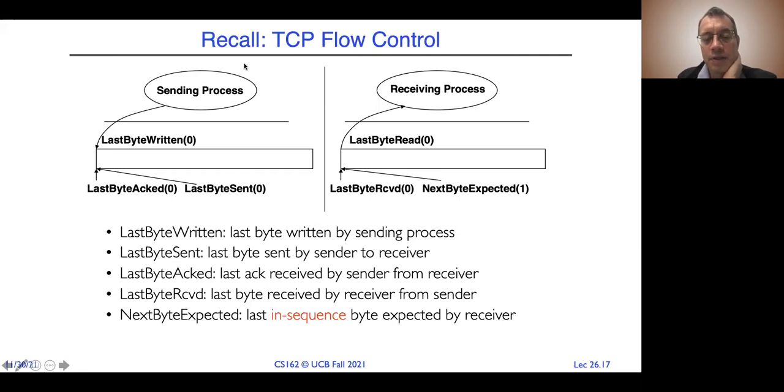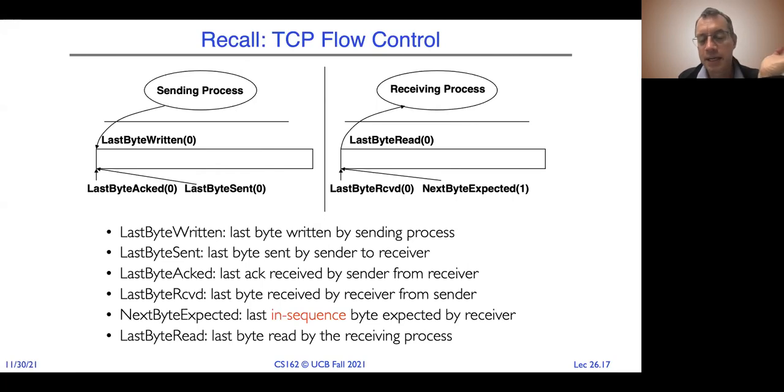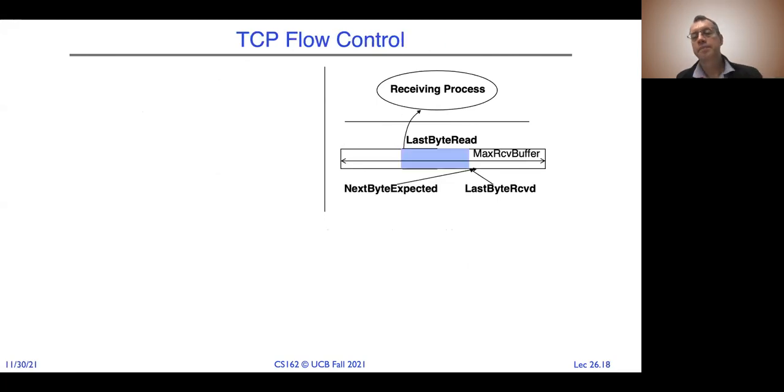Okay, so now let's take the examples. And sorry, last byte read is the last byte read by the receiving process. So the blue area in the receiving buffer is how many bytes you have in the receiving buffer, and you consume from one end. The last byte read is the start of the data in the buffer.